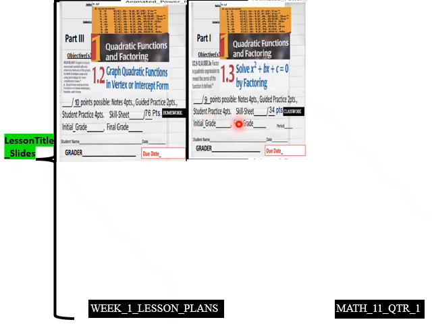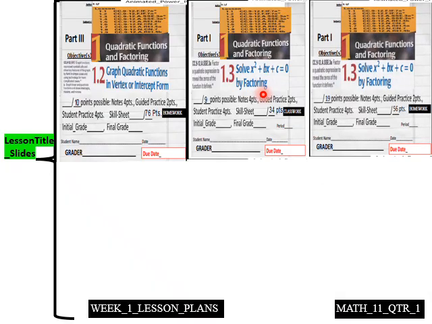Then we go into 1.3 classwork. Part 1 is 34 points, 9 points note-taking. Solve x squared plus bx plus c equals 0 by factoring. So we get into factoring quadratics. And we have Part 1 here, homework, 56 points of homework. 19 points in note-taking here for your Part 1 homework.